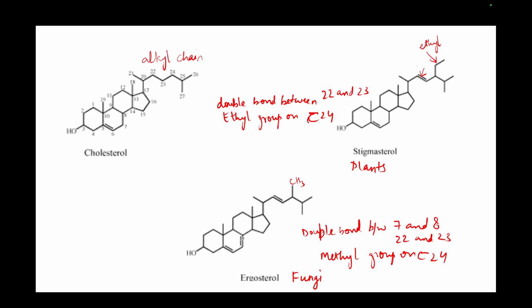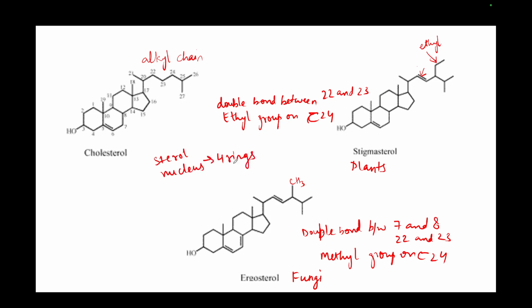In ergosterol there is an additional double bond in the ring structure also. This ring structure, what did I tell you, what is it called? It is called the sterol nucleus, where 4 rings are fused together.